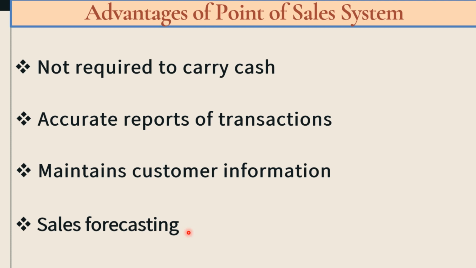The seller or shop owner can predict what sort of commodities are mostly demanded in their shops. In this way, the forecasting of the sales can be calculated with the help of this point of sale system. So these are the advantages of point of sales system.